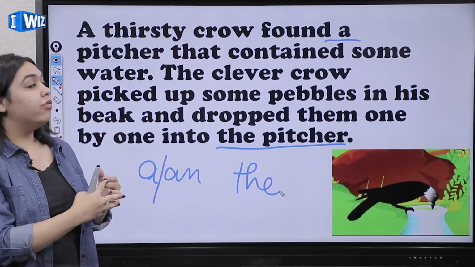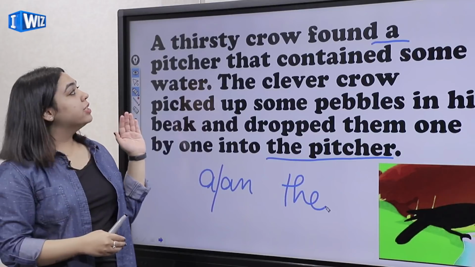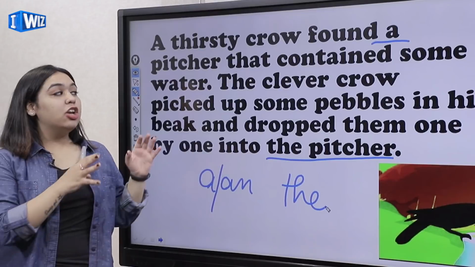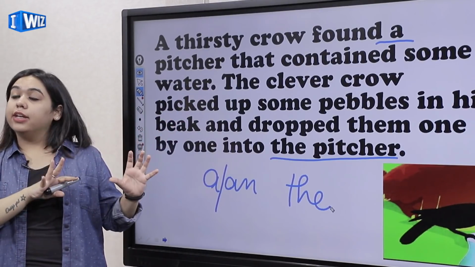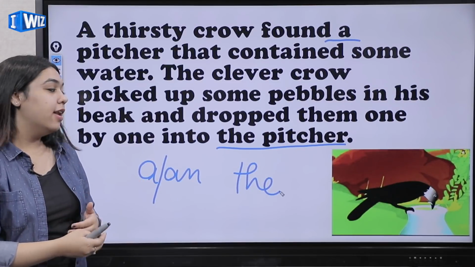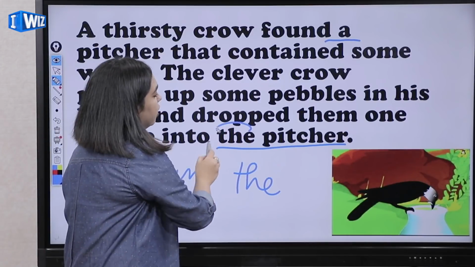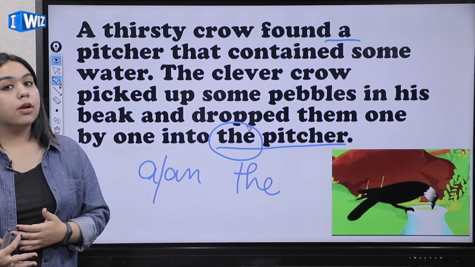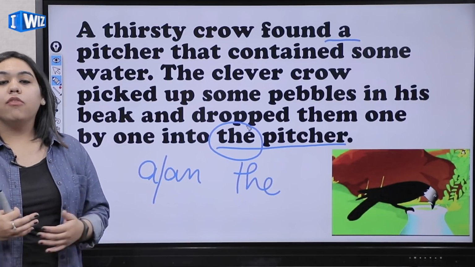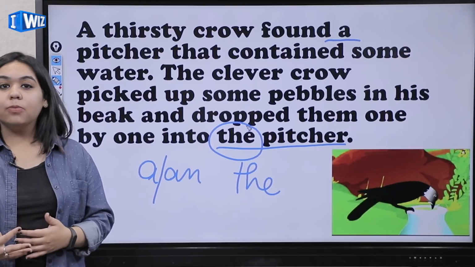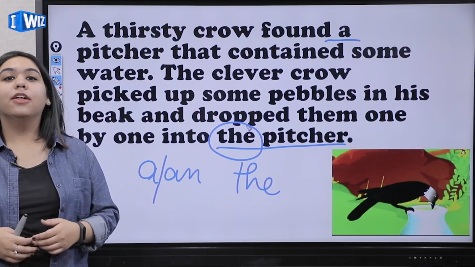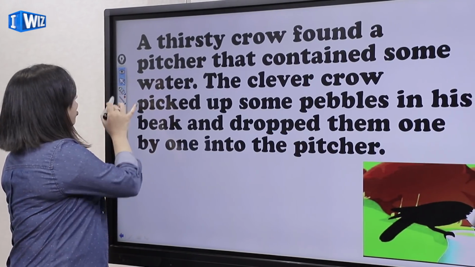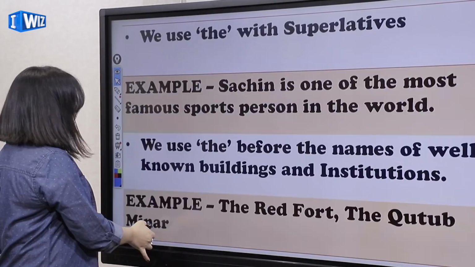Like in the story we are talking about picture for the first time. So we'll say a thirsty crow found a picture, okay? But when the picture is introduced already, we are referring to that picture again, so we'll use the article the. So the whole essence is that when we are not sure, we are not particular about something, we use a, and when we are repeating something, referring to something again, we'll use the article the. So I hope this is clear, and let's move on and learn about more uses of the article the.